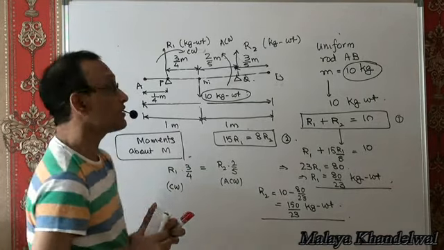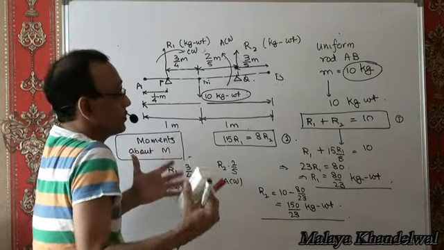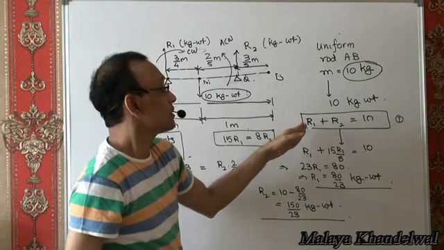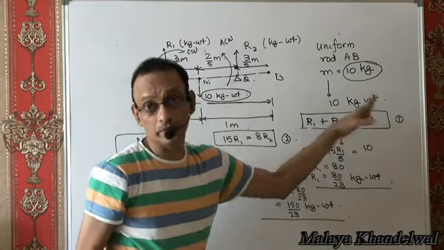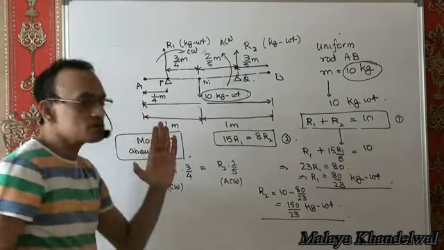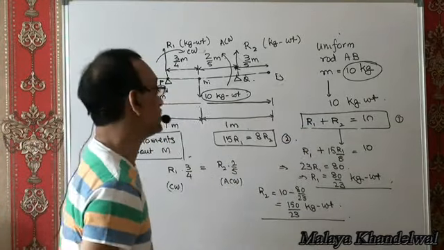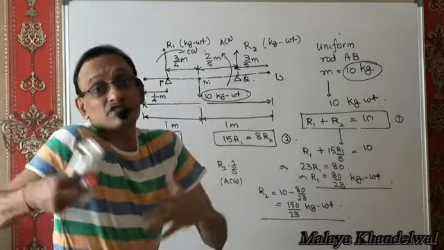Of course, there is no other way we could have written equations for translational equilibrium. There is only one way. But as far as rotational equilibrium is concerned, subject to translational equilibrium, nobody restricts you.